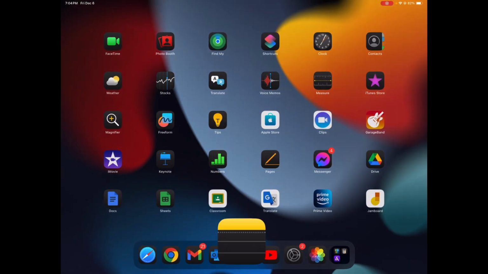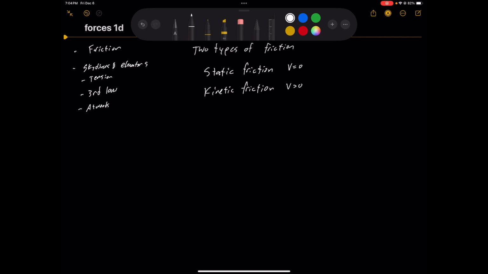So let's go back here. I'm going to make a little plot just to really make sure we know the difference. So here I'm going to have my friction, and then here I'm going to have my applied force. And let's see what happens. So my friction is going to match my applied force, my static friction, that is, and they're going to be equal.